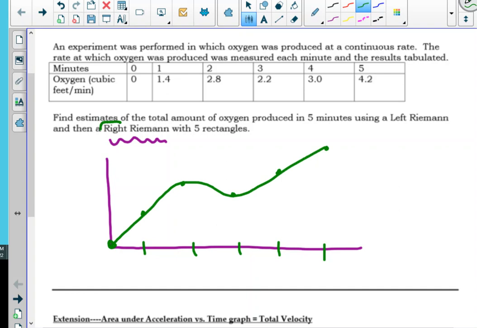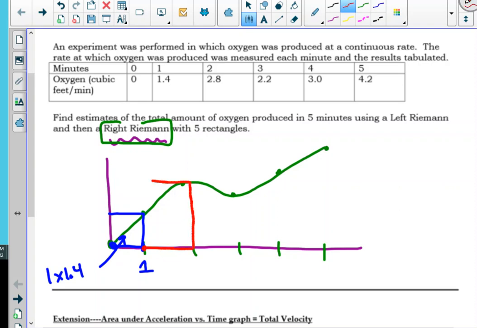What's going to happen when I do a right Riemann is, for each interval, I use the height according to the right side of the interval. So 0 to 1, I'll use my height at the 1. So the first rectangle is 1 by 1.4.